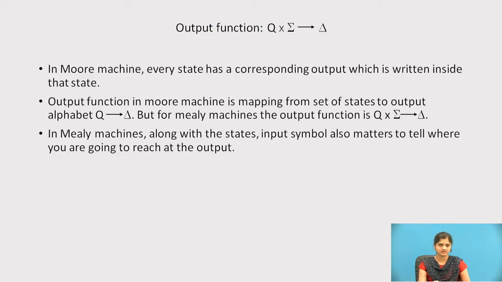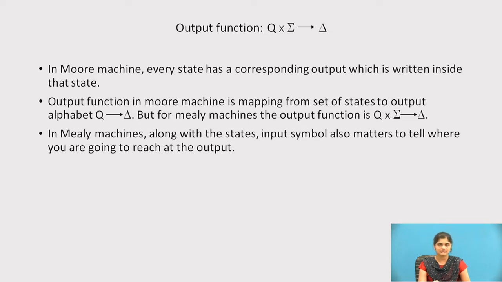Now, output function. In Moore machine, every state has a corresponding output which is written inside the state. Output function in Moore machine is the mapping from the set of states to the output alphabet. But for Mealy machine, the output function is Q cross sigma to the output alphabets.